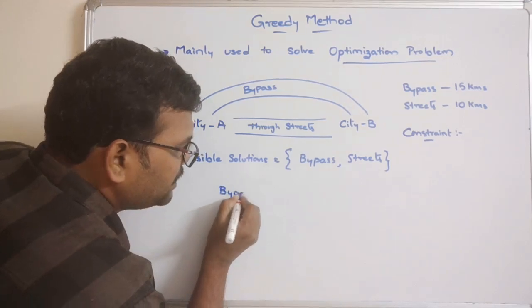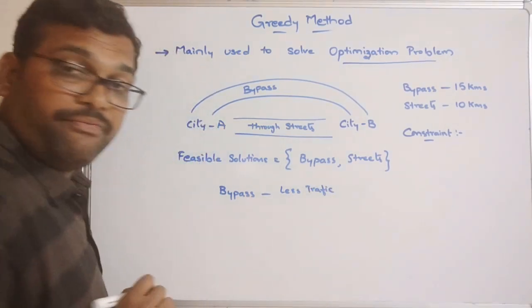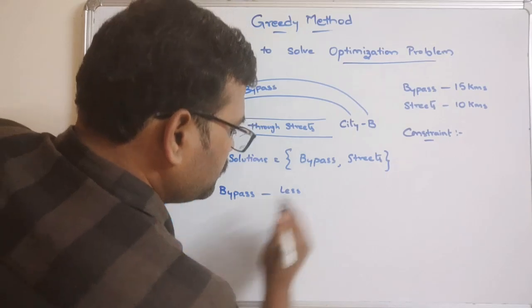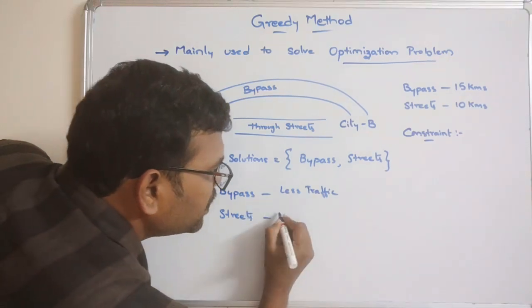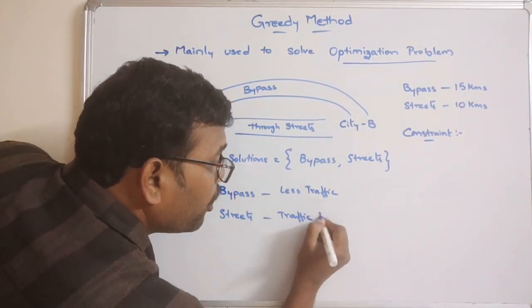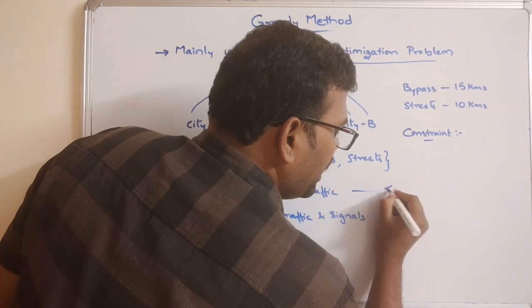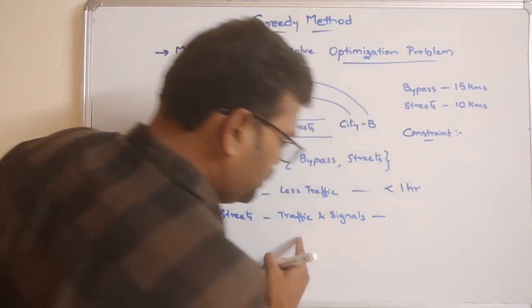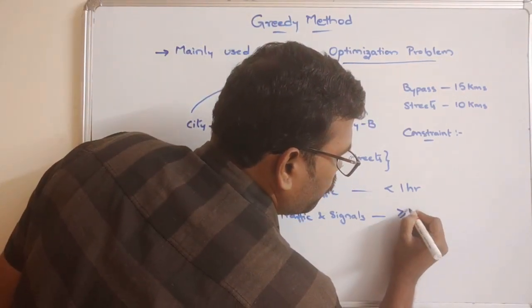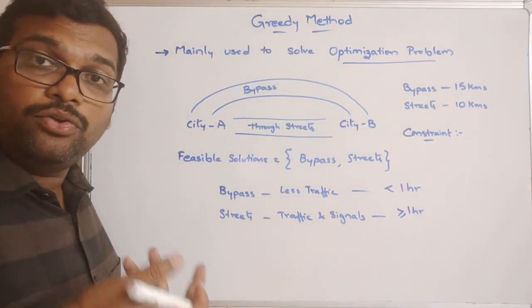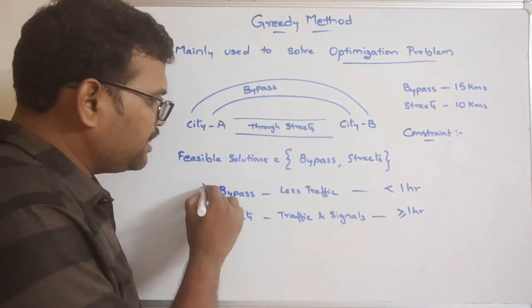If you use the bypass, less traffic will be there. And if you use the streets, obviously there will be traffic, and also some traffic signals. So if you use the bypass, it may take less than 1 hour, and if you use the streets with traffic signals, it may take greater than or equal to 1 hour. So if you want to reach the destination within a short time, without any traffic, you can select this one.